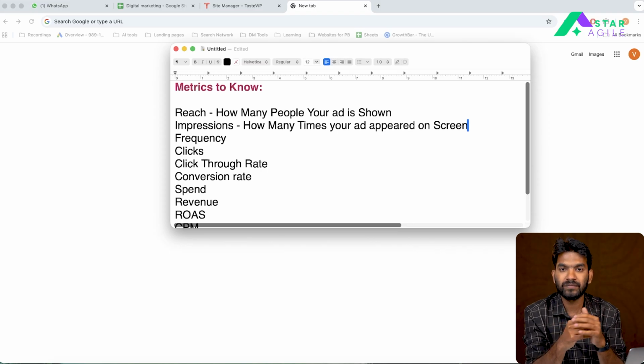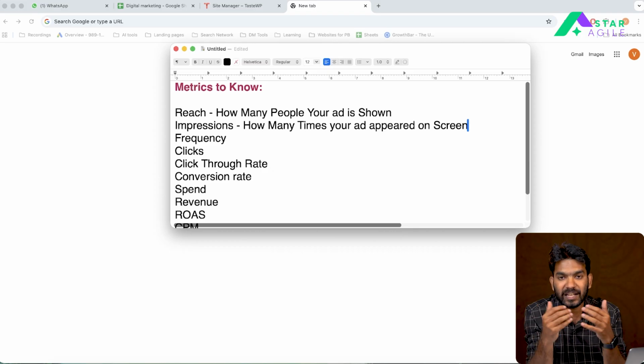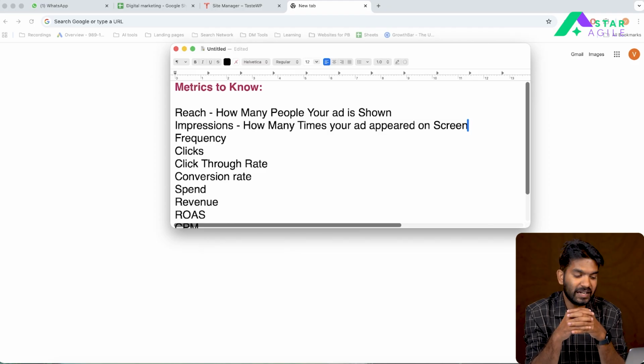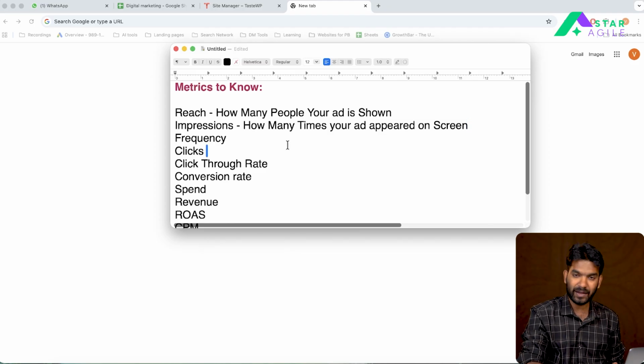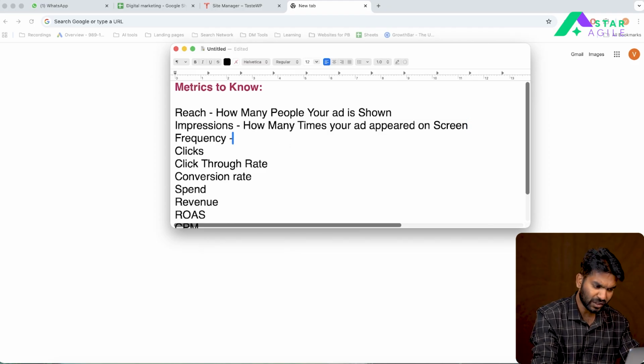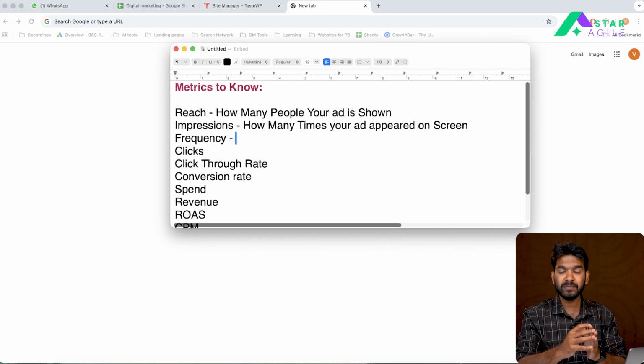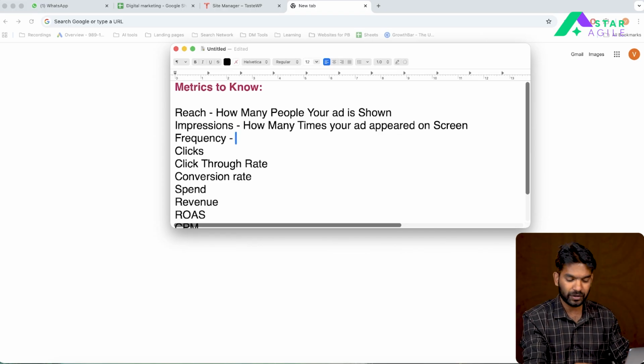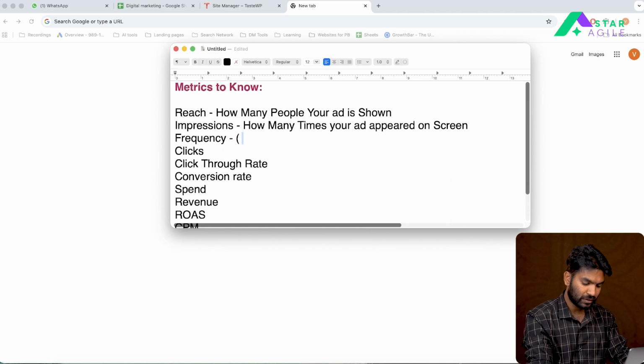So technically, reach is how many people or ad accounts the advertisement reached, and impression is how many times your ad appeared on the screen. Frequency, or average frequency, is how many times your ad appeared on the screen divided by the total number of reach, so impressions divided by reach.